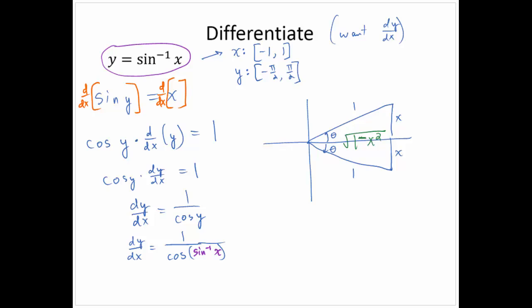So then what's the cosine of that angle theta? It doesn't matter which theta we look at, the cosine is the adjacent over the hypotenuse, which would be the square root of 1 minus x squared over 1. And so what we find is that dy dx is 1 over the square root of 1 minus x squared. This gives us the derivative of the sine inverse.